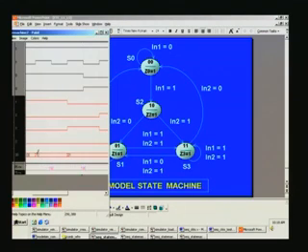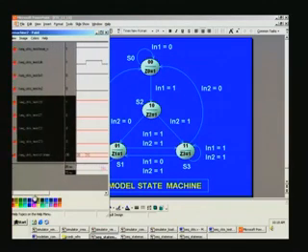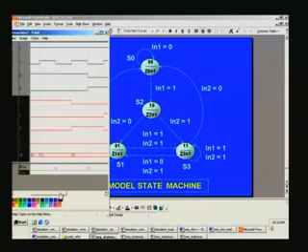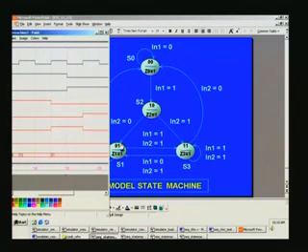So we are in the S2 state. In the S2 state, what matters is only in2. Here in2 is this one, so it is 0. That means it should take you to the S1 state. So that is what it is, right.